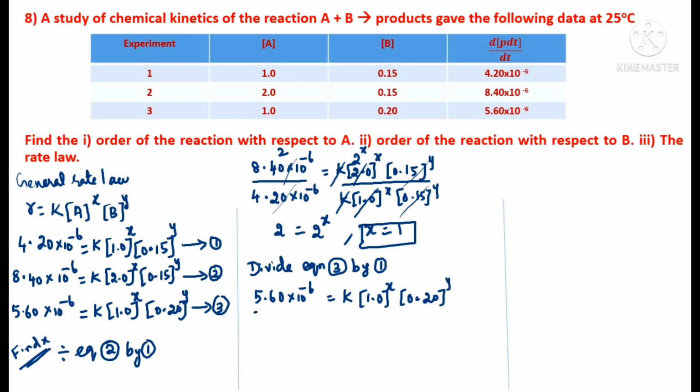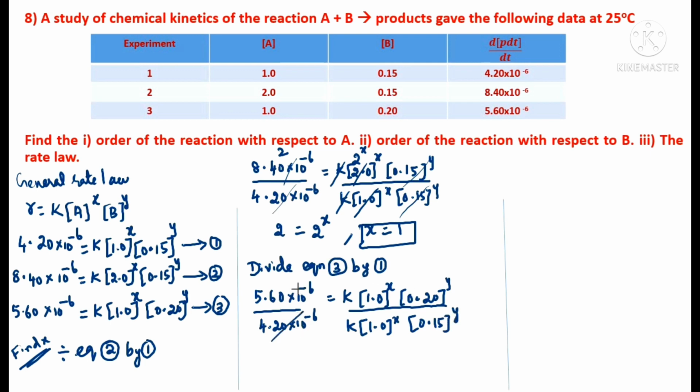Now divide this by equation number 1, 4.20 into 10 to the power minus 6 divided by k into 1.0 to the power x into 0.15 to the power y.